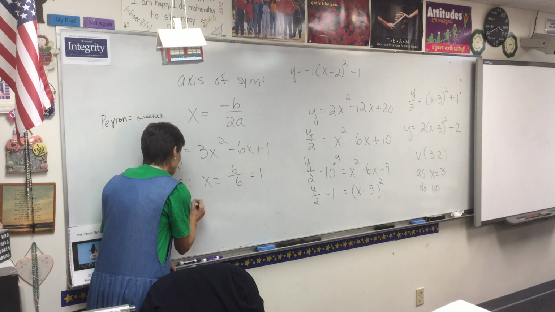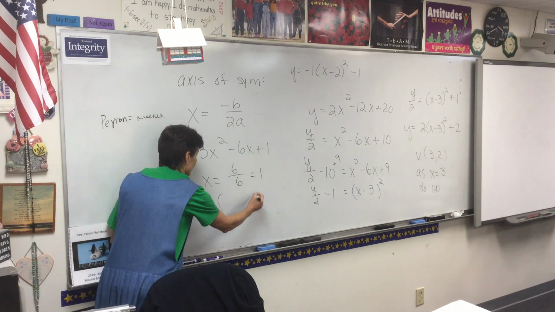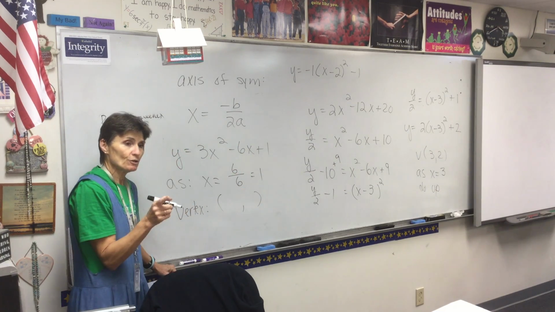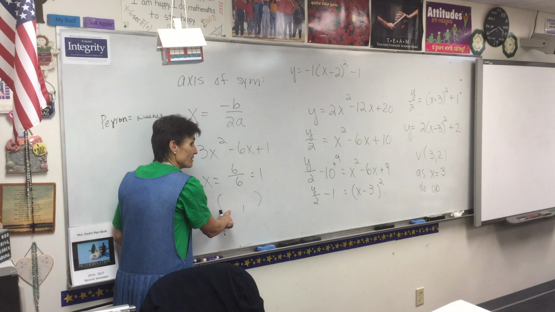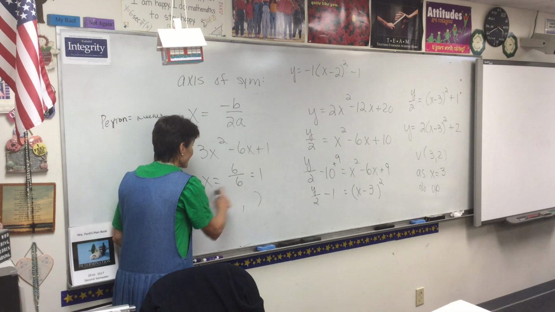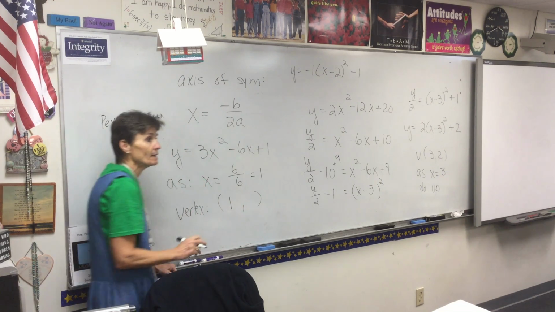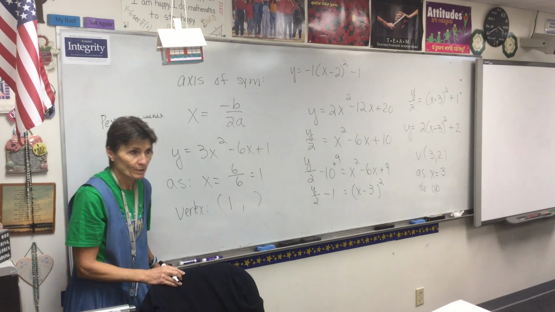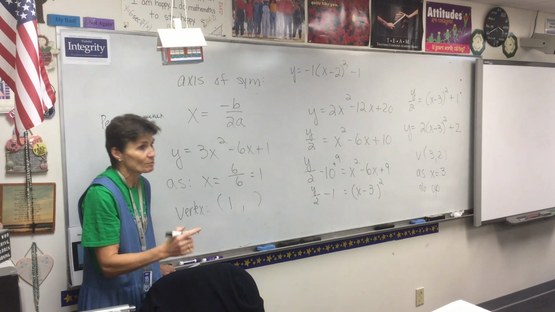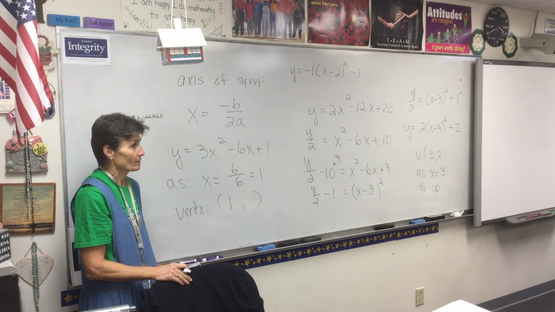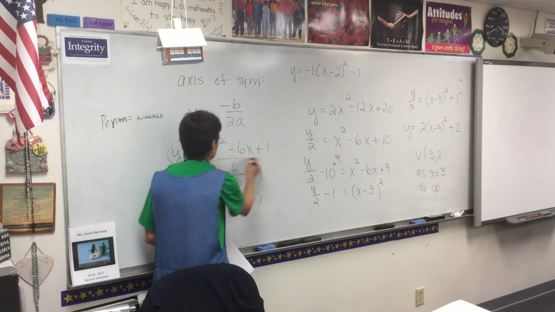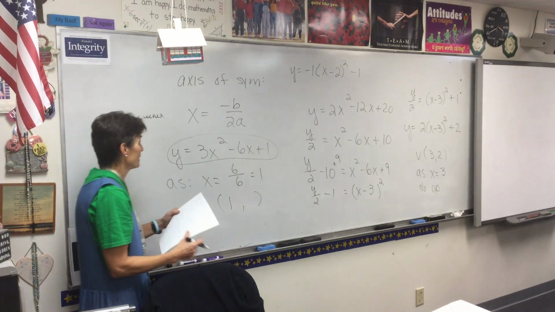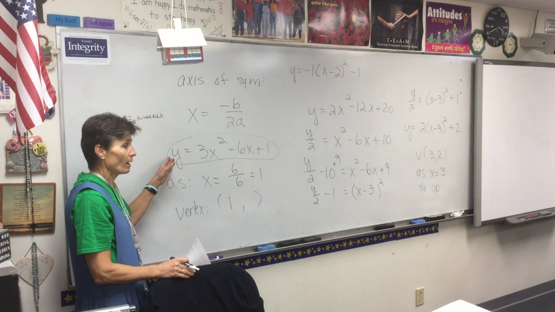You can get your axis of symmetry right off the bat by doing negative b over 2a. Now, we still need our vertex though. What do we know about the axis of symmetry and the x-coordinate of the vertex? Aren't they the same? So if the axis of symmetry is 1, my x-coordinate in my vertex has to be 1. Okay, now I'm doing a different problem here. This is our problem.